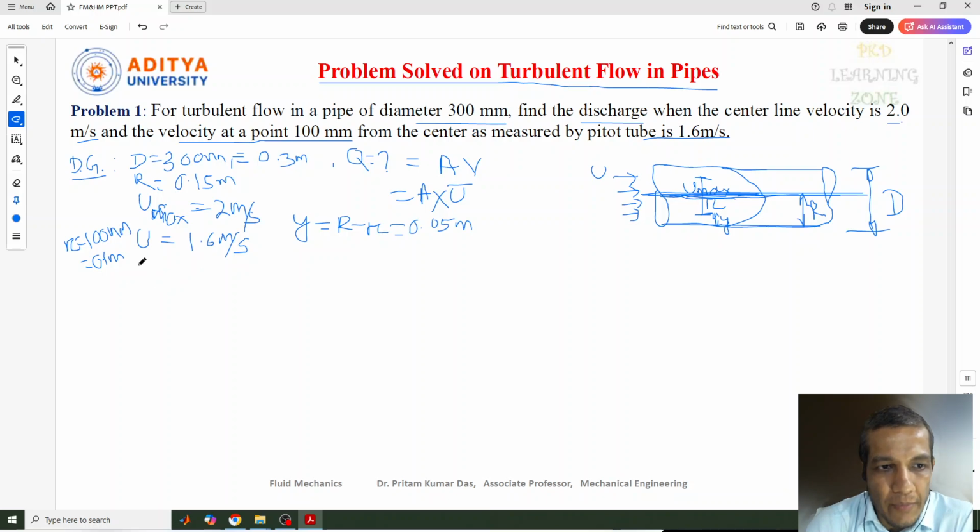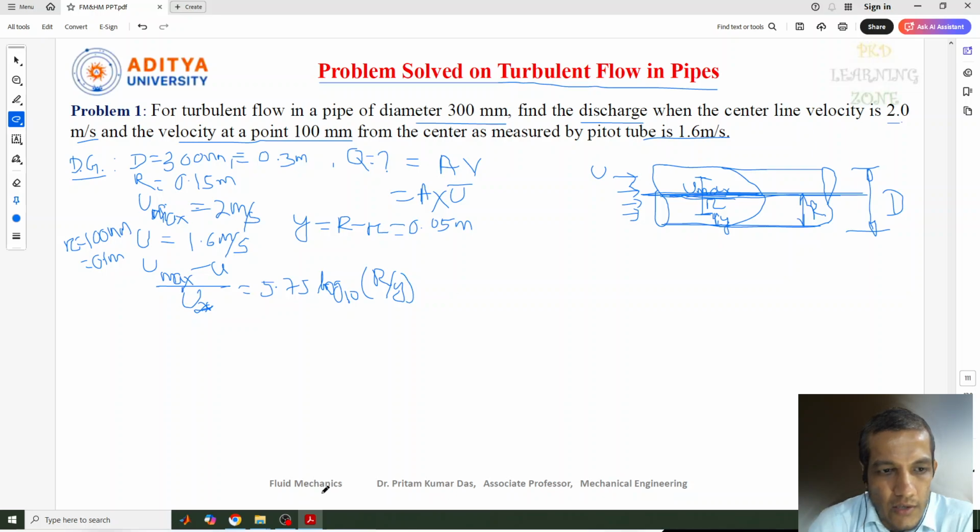Now the velocity in terms of center line velocity, we have already derived previously. Let me write that equation: (u max minus u) divided by u star equal to 5.75 log 10 of R by y.